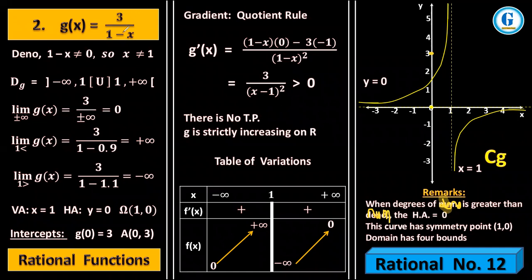The degree of the denominator is greater than that of the numerator. That's why the horizontal asymptote is equal to 0. And this curve has a center of symmetry at the point (1, 0). And the domain has 4 bounds.